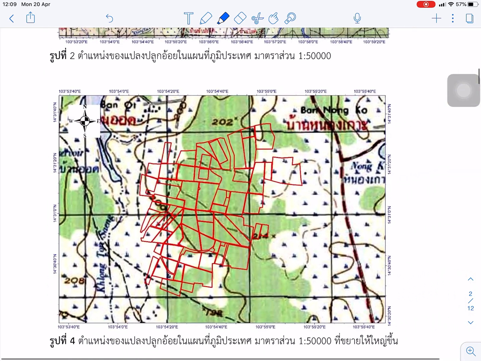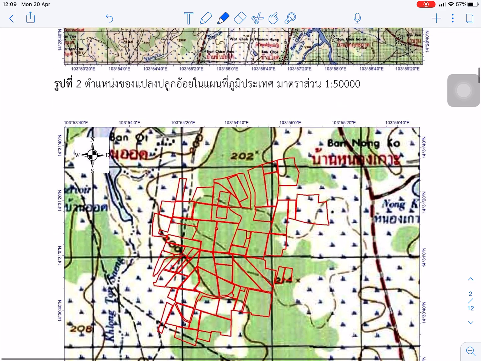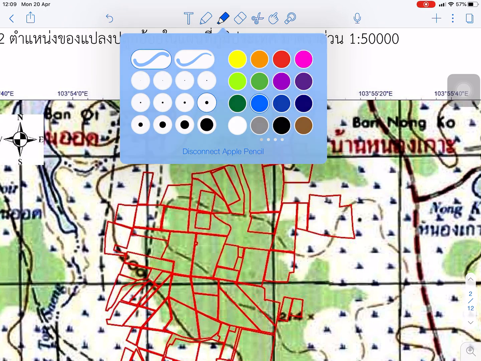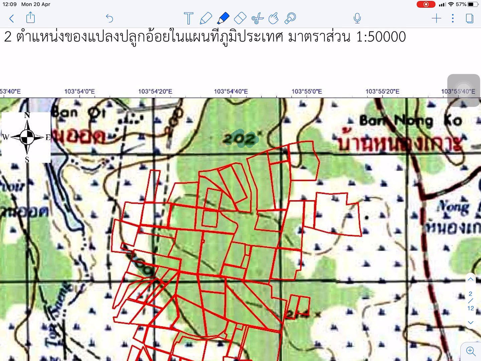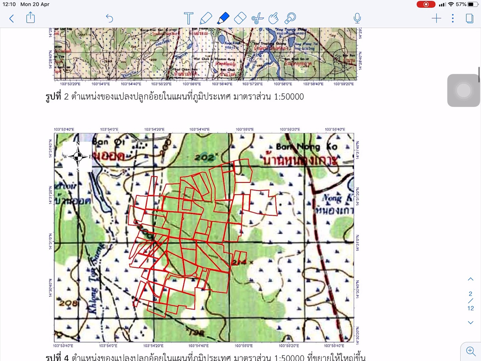This is just to enlarge this area. The other thing you can see is the contour line on this area as well, and this is a spot height of 202. Because the contour line is very rough, the contour interval is about 20 meters, or even smaller like 10 meters, we can't see anything from this rough contour interval.